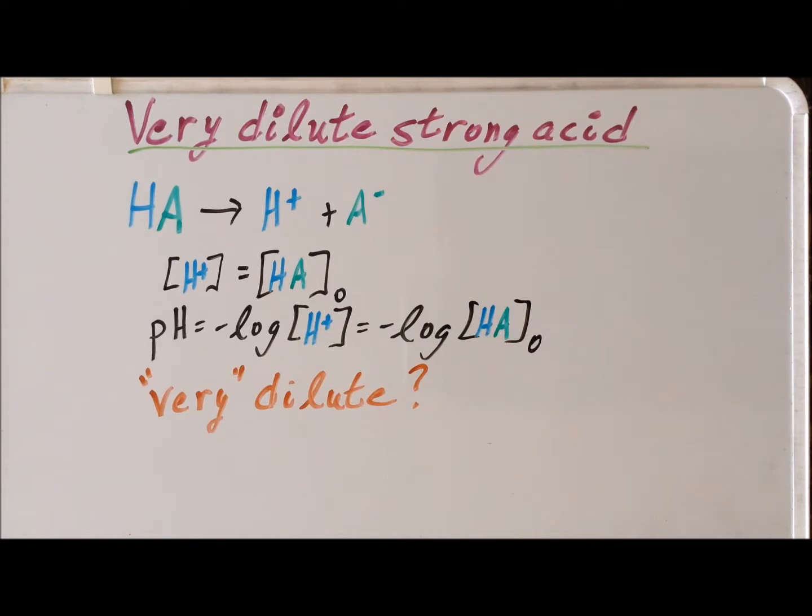If the concentration of the strong acid is in that range, we cannot make the assumption that the only important source of hydrogen ion is the strong acid, and we have to take into account the fact that some of the hydrogen ion is formed from the solvent itself.